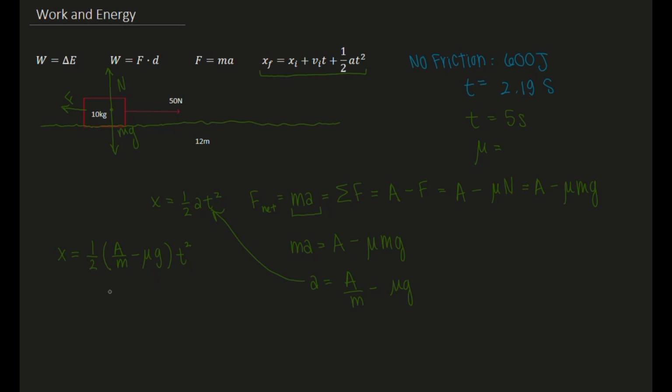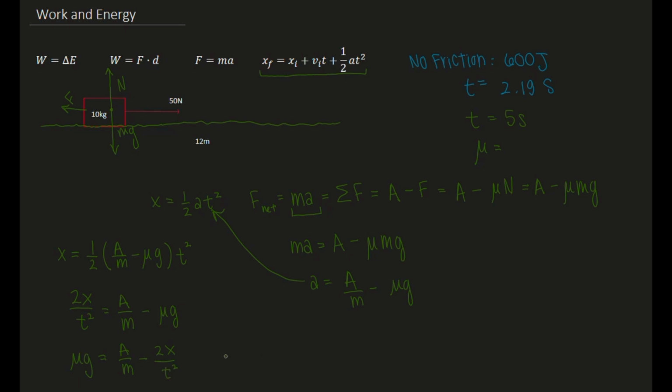I'm going to move the 1/2 and the time squared to the other side. I get 2x over time squared. That's equal to the applied force over the mass minus the frictional coefficient times gravity. I'm going to subtract everything from the other side. I'm going to do this in 2 steps, but I get the frictional coefficient times gravity is then equivalent to the applied force over the mass minus 2 times x over time squared, and then I just divide the gravity through each term.